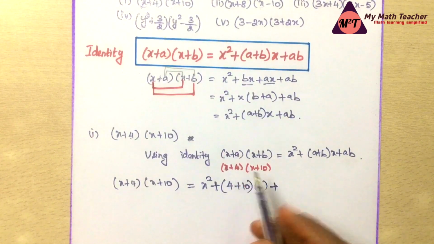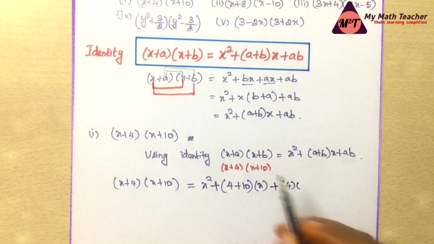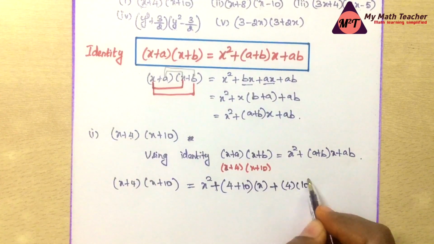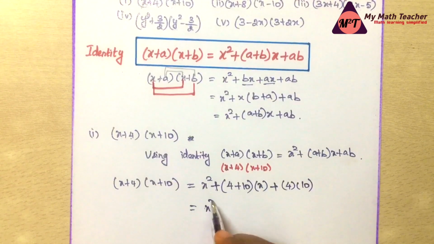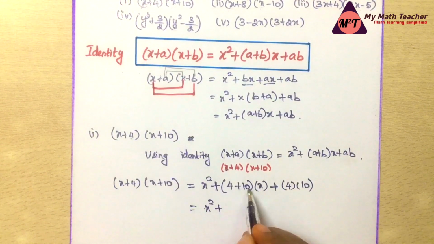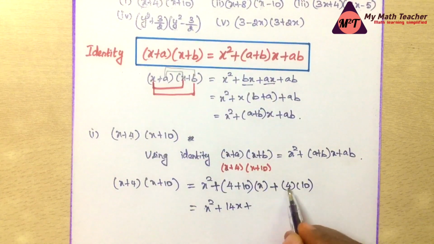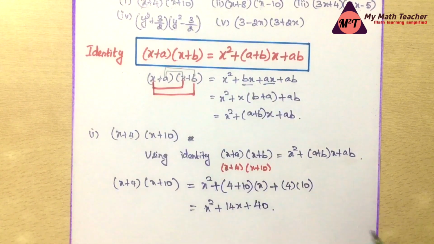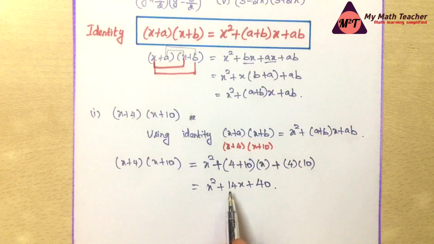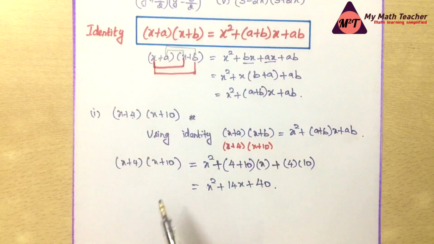Compare, a is 4 into b here is 10, which is equal to x square plus 4 plus 10 is 14, multiplied by x, 14x, plus 4 tens are 40. This is the final answer, x square plus 14x plus 40, when you are multiplying these two polynomials.